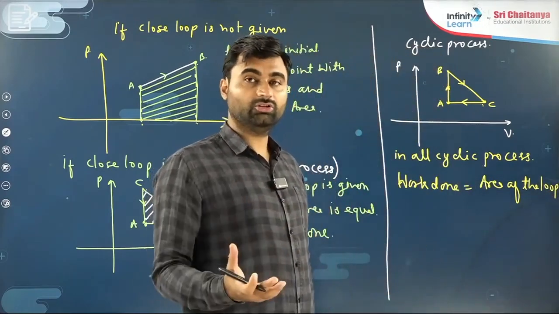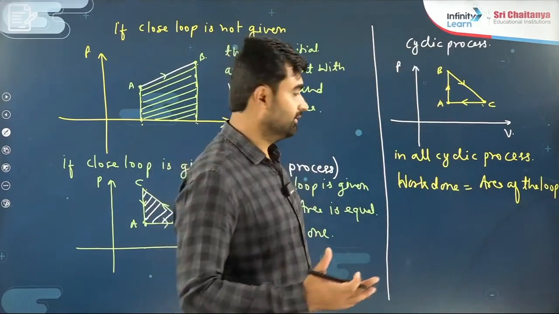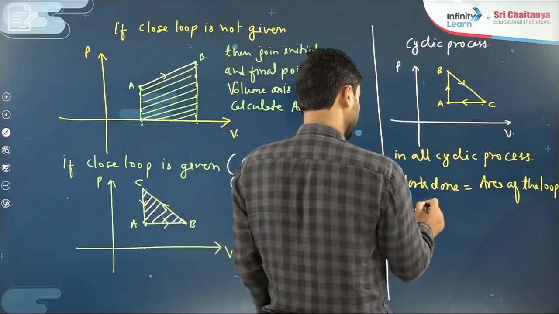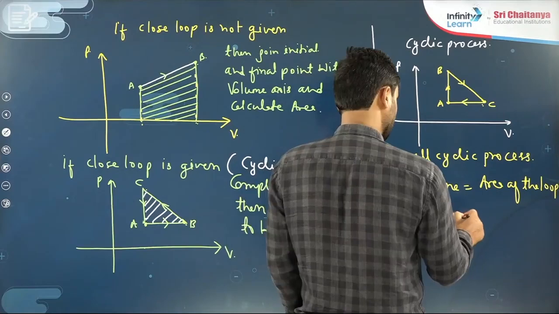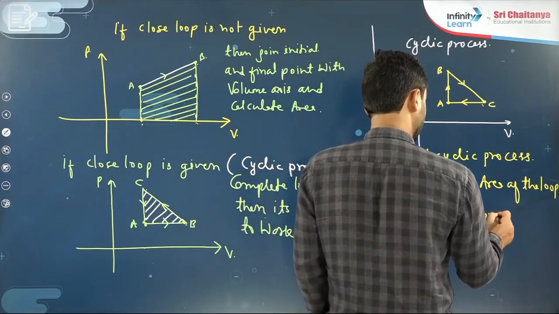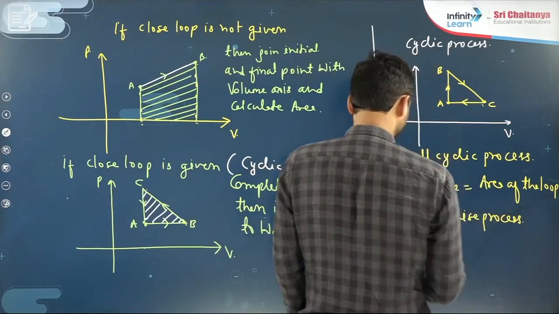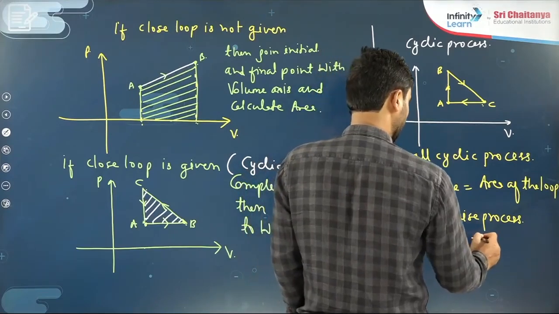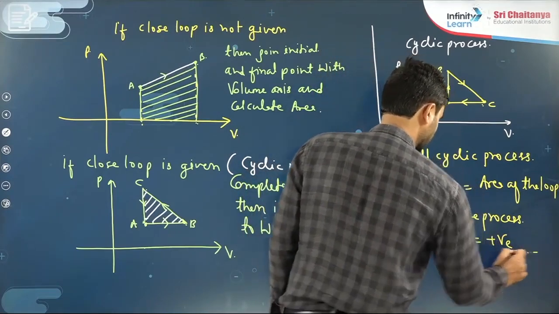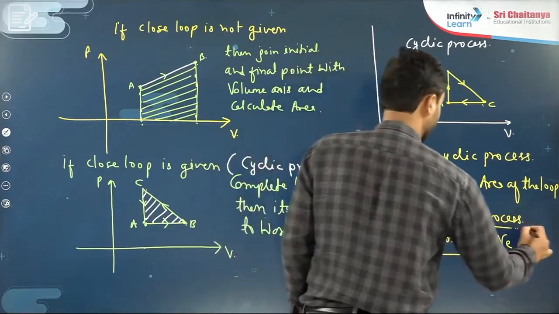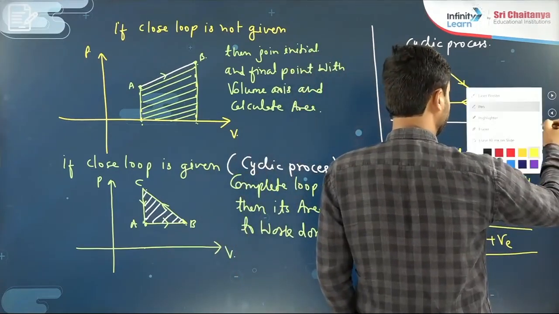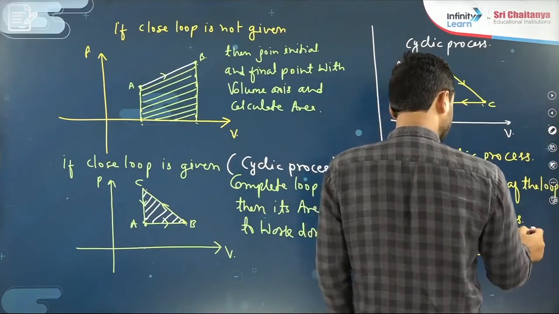Now where do clockwise and anti-clockwise matter? In a clockwise process, work done is positive. This is an important point. In a clockwise process, work done is positive. Why is it positive?